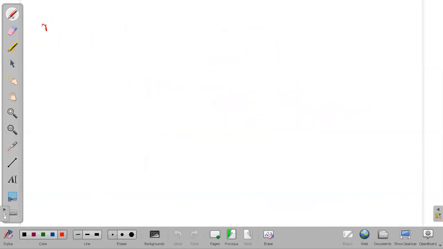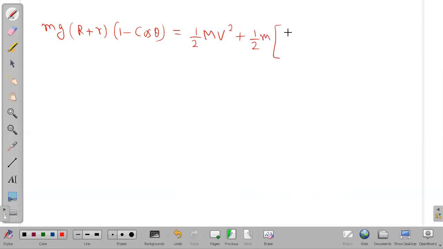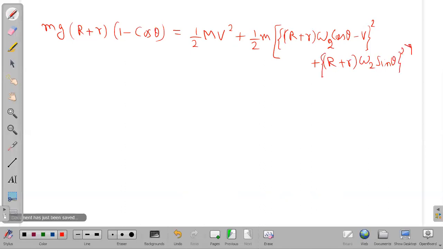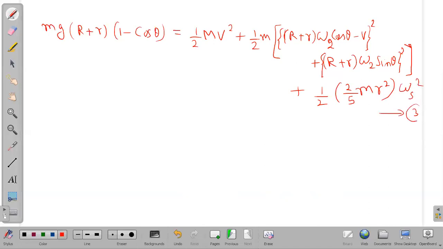So I write down the equation as mg (R + r)(1 − cos θ), which is the loss in potential energy, equal to the gain in kinetic energy, which is half M V square plus half small m times [((R + r) ω2 cos θ − V) square of this horizontal velocity plus ((R + r) ω2 sin θ) square of this vertical velocity], and plus the kinetic energy corresponding to the spin of the sphere, which is 2/5 m r square into ω spin square, and that is our third equation now.